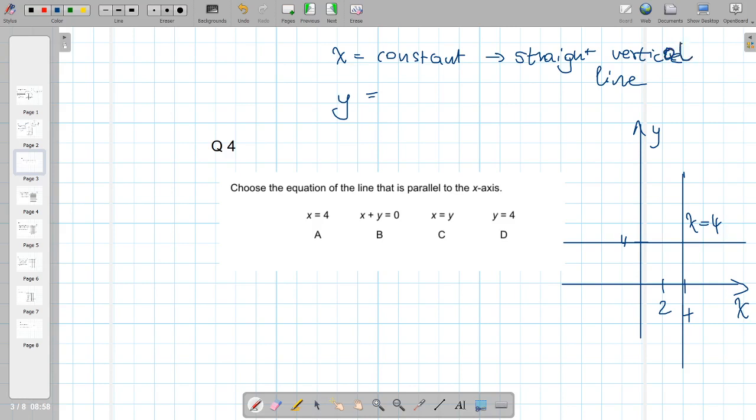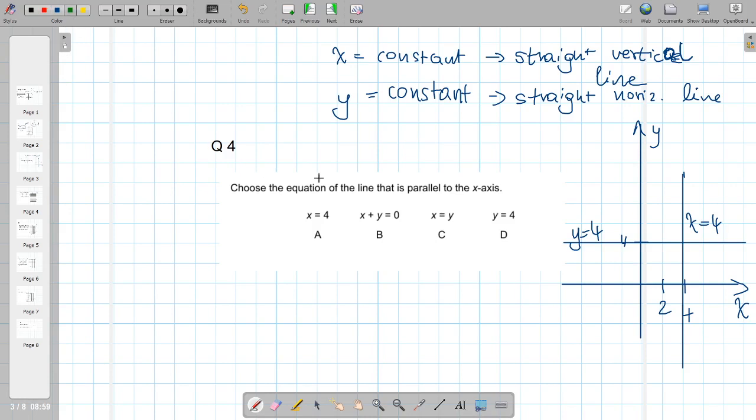This is y equals 4. So y equals constant is a straight horizontal line.